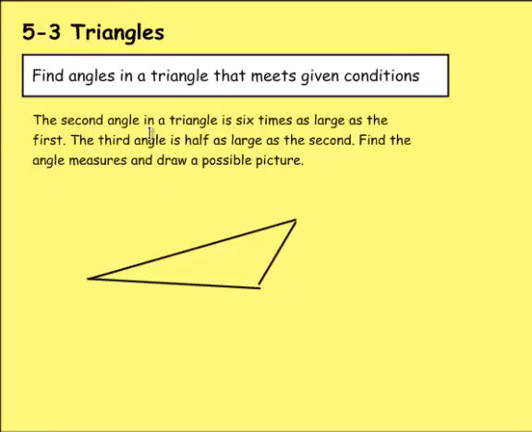So I'm just going to make the first angle just A. So here's A, all by itself, 1A. The second angle is 6 times as large as that. So 6 times A would be 6A. So we'll make this 6A since it looks the biggest. And the third angle is half as large as the second. So the second angle was 6A. Half of 6A would be 3A. So that would be my measurements here.